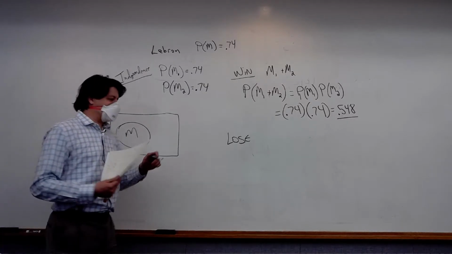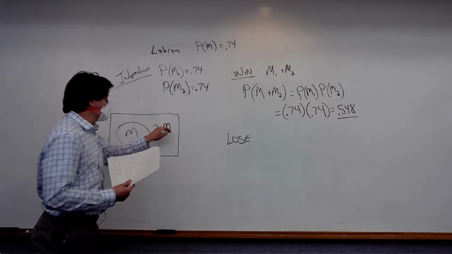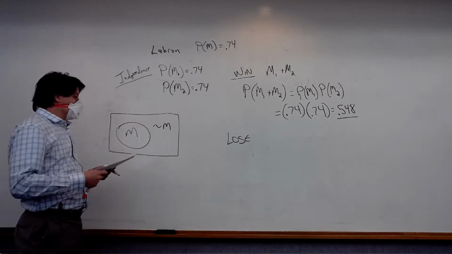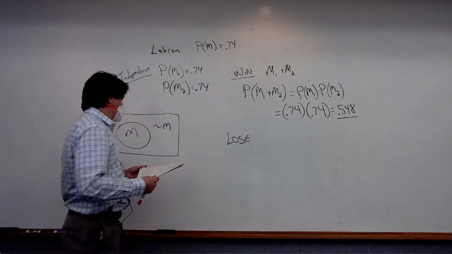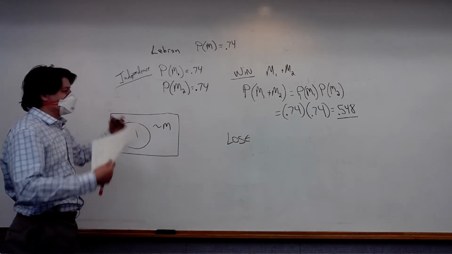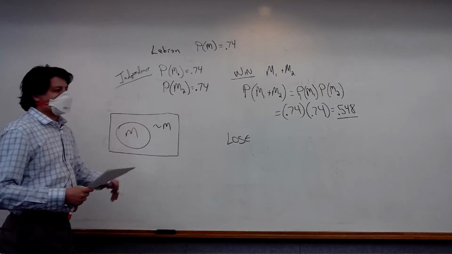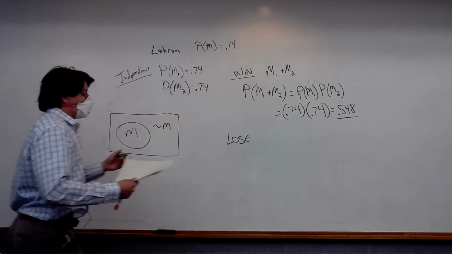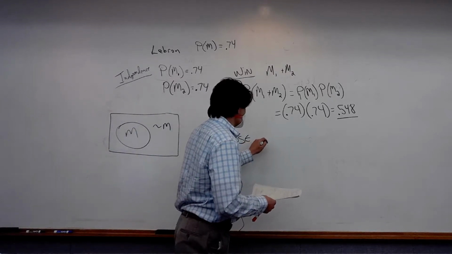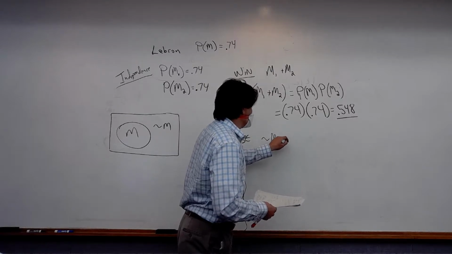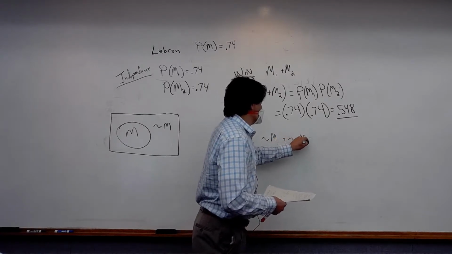The complement of that is not making it, right? We're assuming there's only those two options. I don't know what happens if the ball gets stuck on the rim, but basically there's only the two things. Anything that happens that isn't making it is not making it, right? Squiggle making it. And so to lose, we would need not make 1 and not make 2.